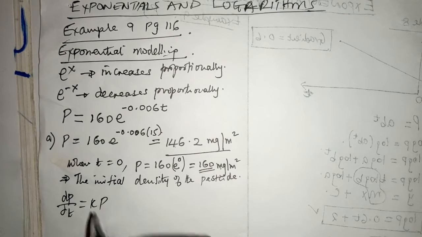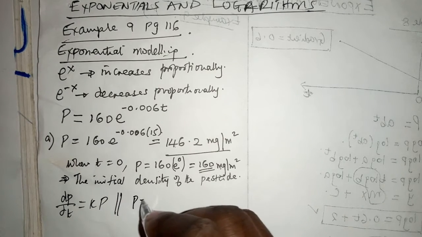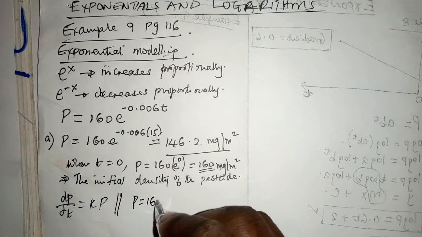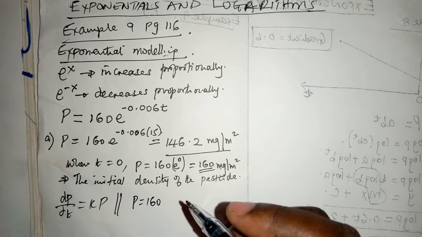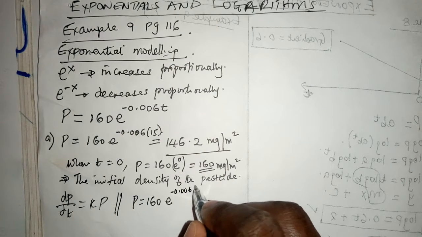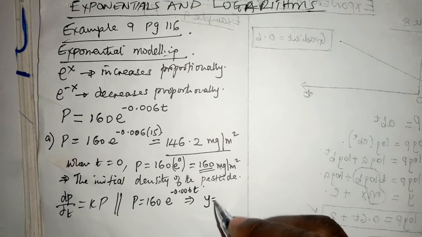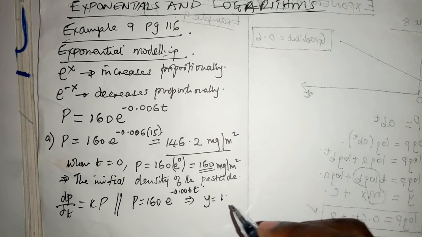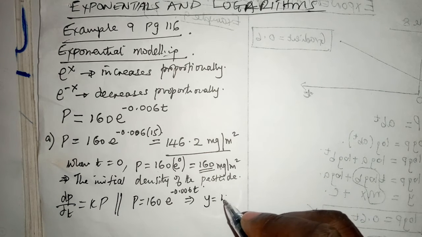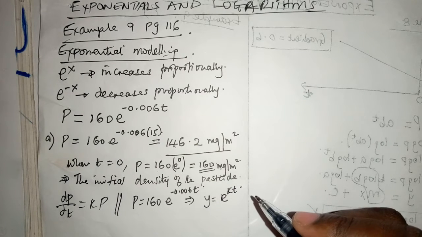is kp. And of course, it goes without saying because our p is 160 e raised to power negative 0.006 t. And this one is just in the form of y equals e raised to power kt, or kx for that matter.